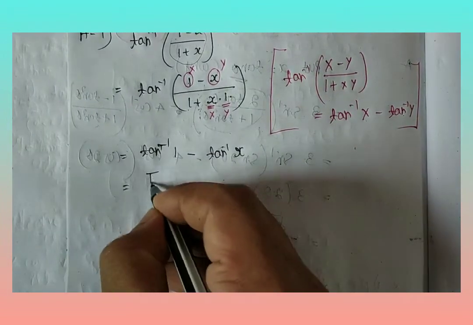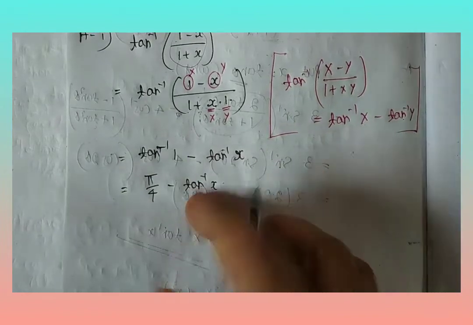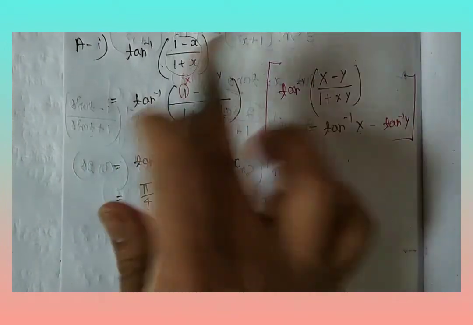And this is equal to pi by 4 minus tan inverse x. This is the simplest form of bit 1.